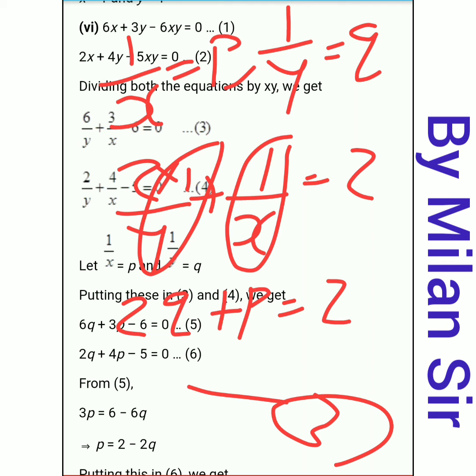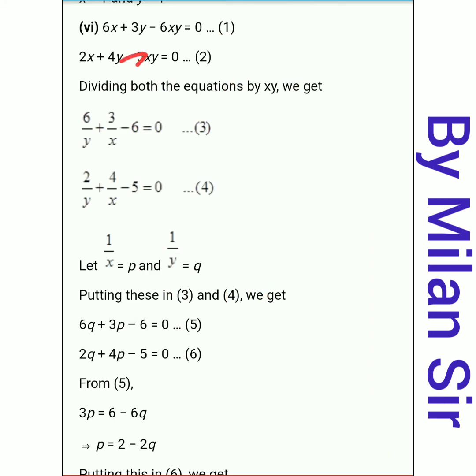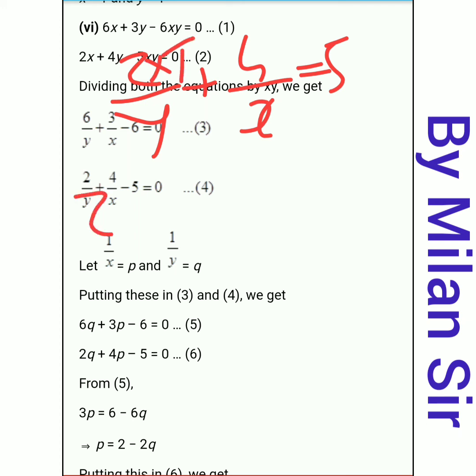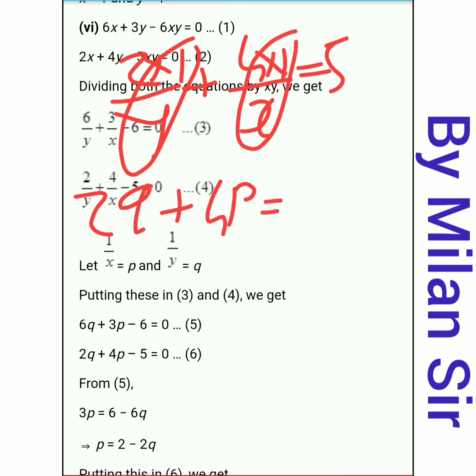Then the second equation, 2 upon y plus 4 upon x is equal to 5. So 2 as it is, 1 upon y is q, 4 as it is, 1 upon x is p. So 2q plus 4p is equal to 5. This is our equation number 4.